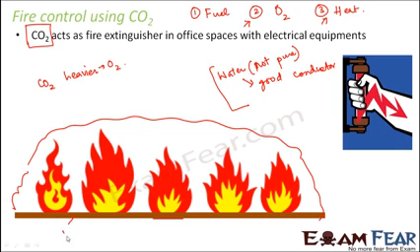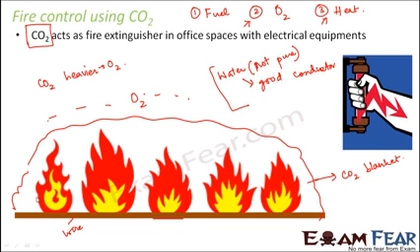Let us suppose this is a wire. Just an example, this brown colored line which you see is a wire and it has caught fire. Over this wire with fire, the carbon dioxide will act as a blanket. So here you will have the carbon dioxide blanket. And where is oxygen? Oxygen is present in the surroundings, so maybe oxygen is present here.